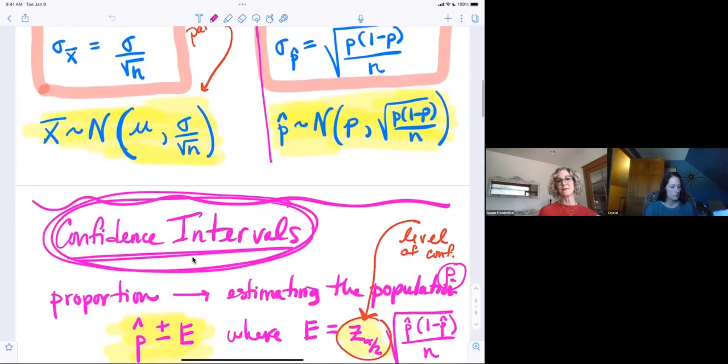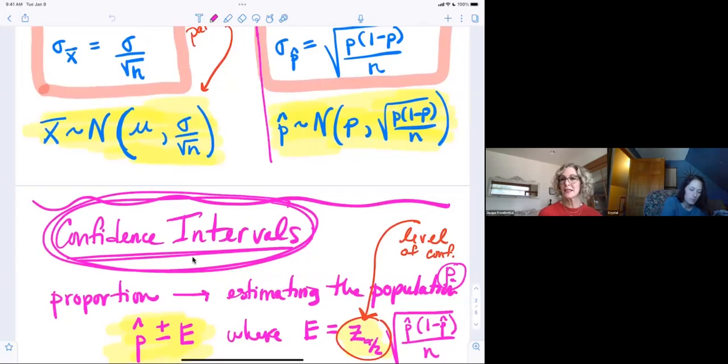So same thing here, confidence interval. If you're looking at a proportion, confidence intervals estimate the population. So you're always building your confidence interval off of the statistic. Whatever your statistic is, if it's proportion, it's going to be the sample proportion.